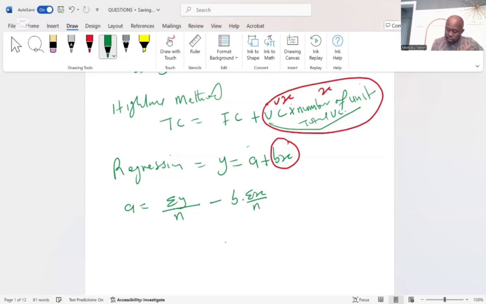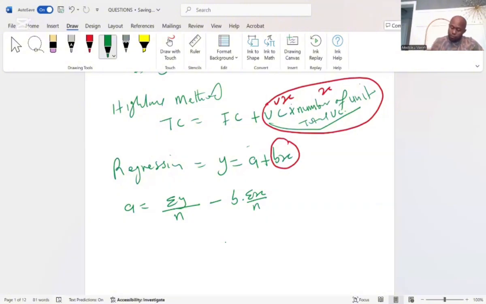We get n the same way we got it from correlation. This is how we get our a. The sum of y, sum of x, and n we can all get from the data.